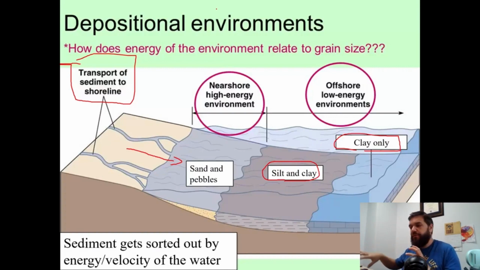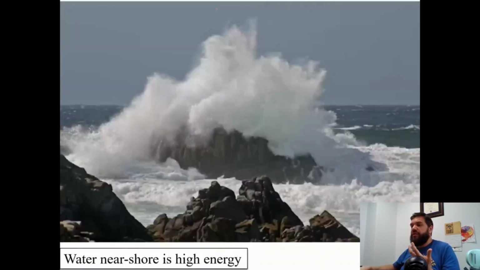Another thing that has to do with this progression of smaller and smaller grain sizes as you get away from shore is the energy of the environment. What does that mean? It means how tumultuous the water is near the ocean floor. In a shallow environment, by definition, the ocean floor is very close to the water level. Near shore, in the shallow water, the ocean floor is constantly being stirred up by all the waves and currents and tides.